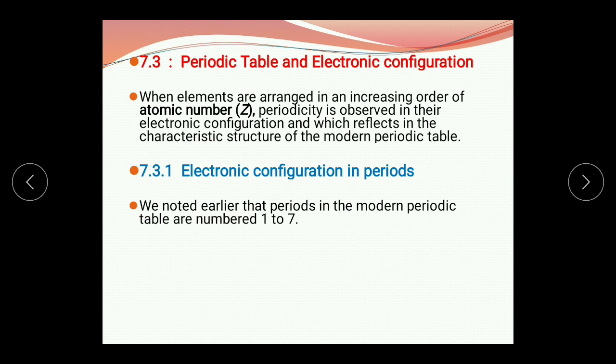That means the shell which is near the nucleus has lower energy, and as we move away from the nucleus, the energy of the shells goes on increasing. These shells are divided into different subshells, and the subshells have different orientations called orbitals, and electrons are accommodated in orbitals. Understood?